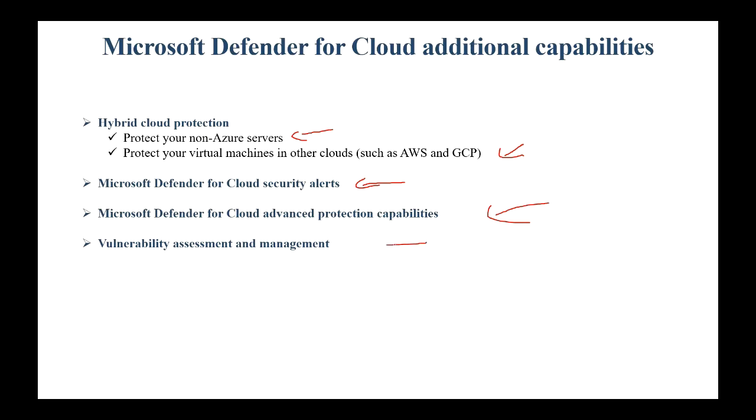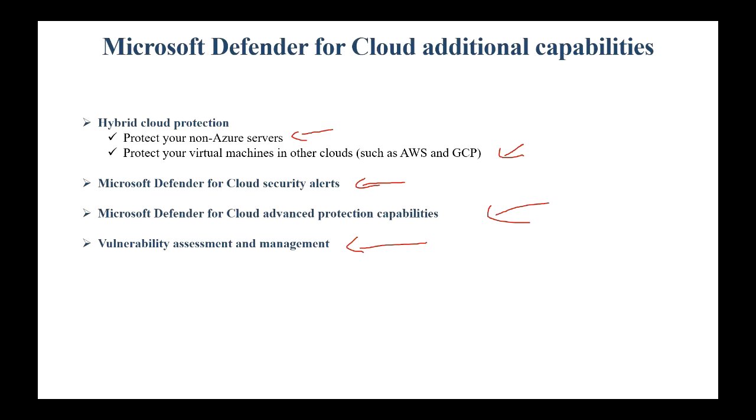And it also has the vulnerability assessment and management. So here, basically, Defender for Cloud includes vulnerability scanning for your virtual machines and container registries at no extra cost. The scanners are powered by Qualys, but you don't need a Qualys license or even a Qualys account. Everything's handled seamlessly inside Defender for Cloud.